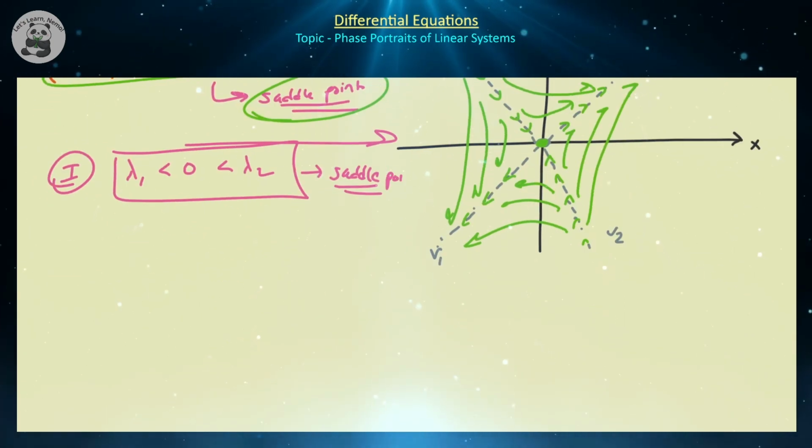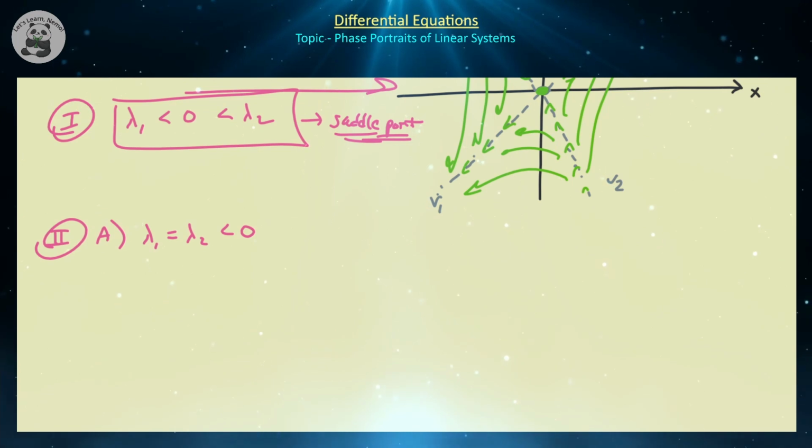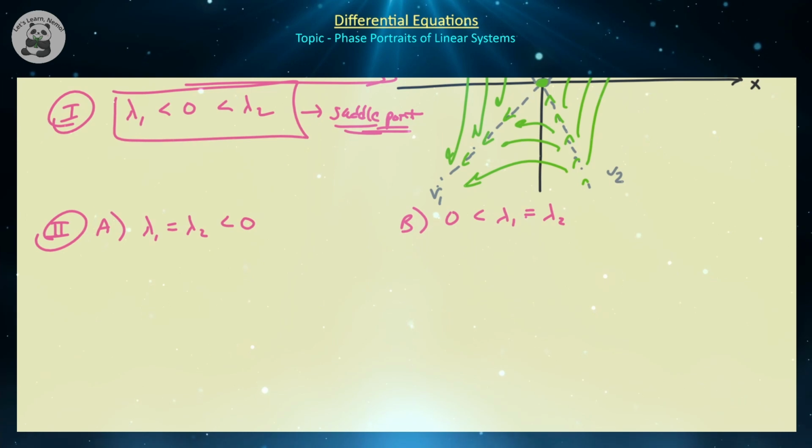Now let's look at the next easier to identify phase portrait, where, for example, we have a couple cases. A, both are negative, and both are positive. Let's make them both equal to each other and positive. I'll draw a couple scenarios here.